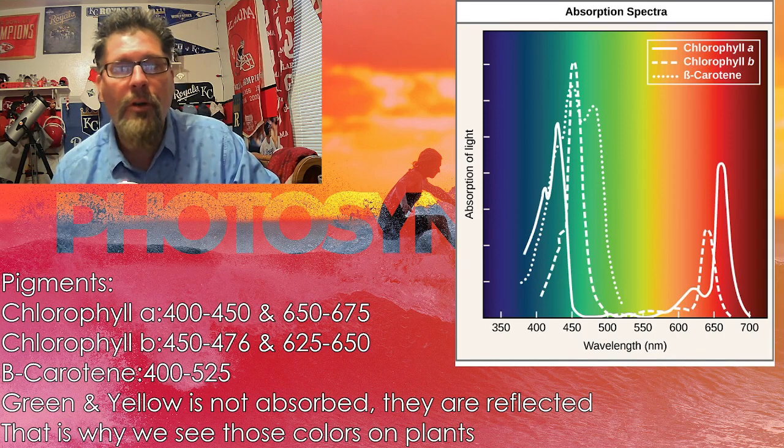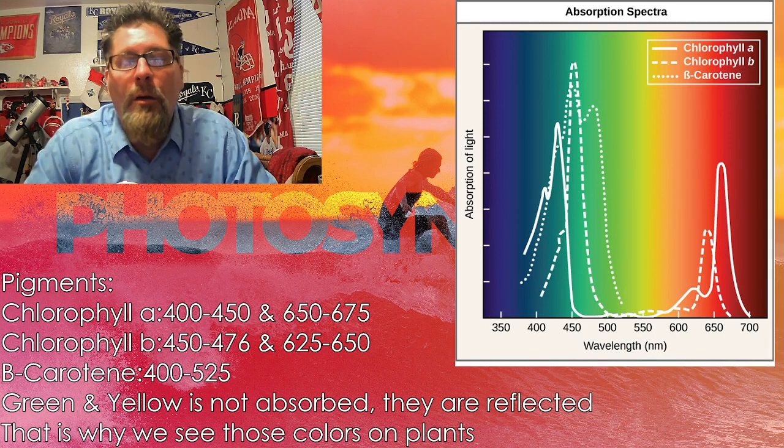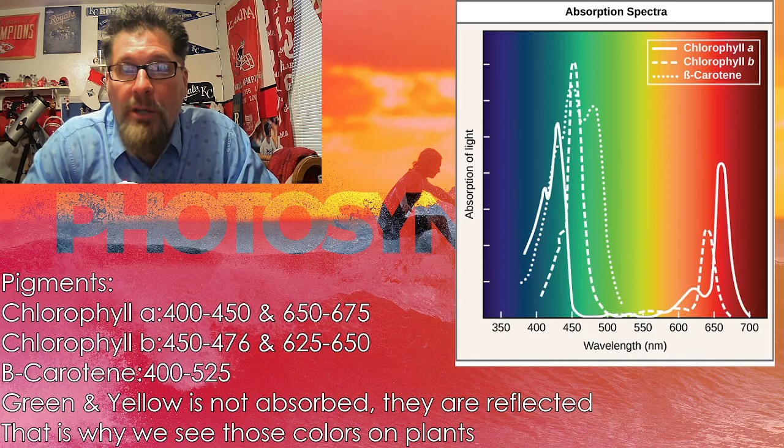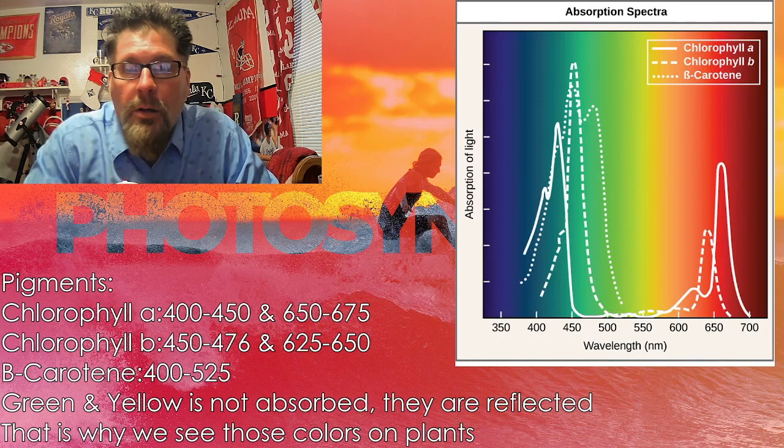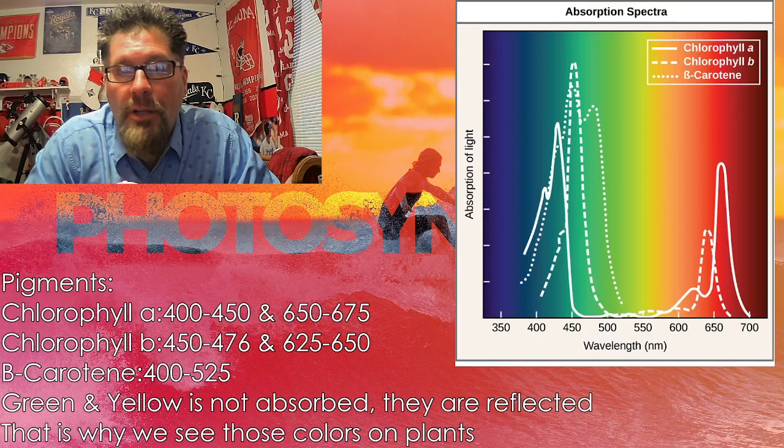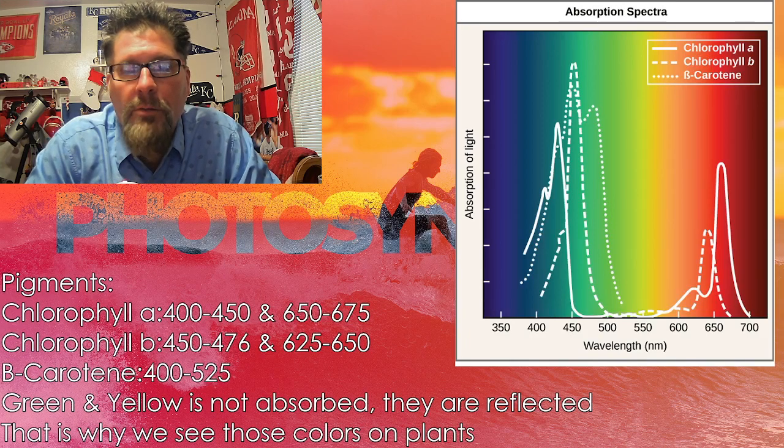So here's our first look at the absorption spectrums of the various chlorophylls and carotenes. One thing that will hopefully jump out at you is that you don't really see a lot of these graphs range in the green section.